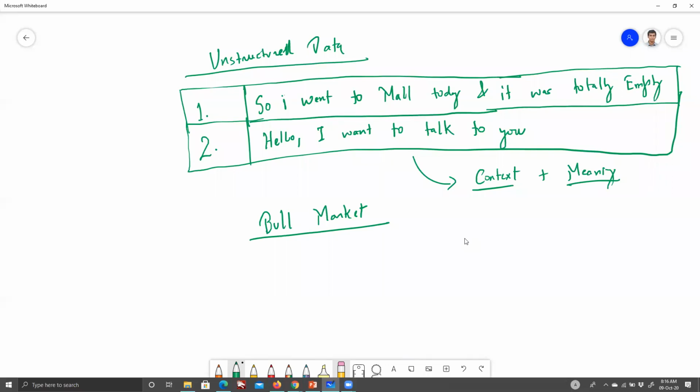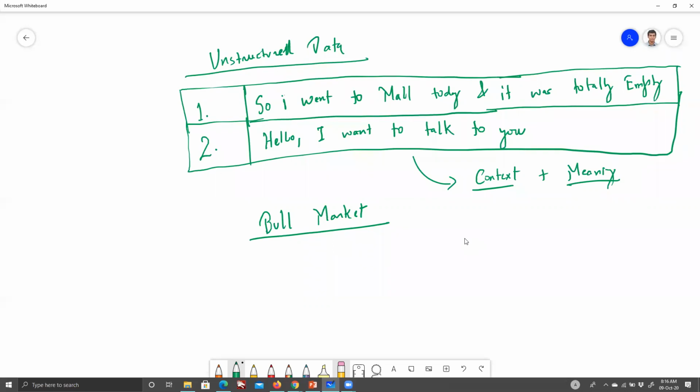Bull market is related to the stock exchange. Because of the bull symbol outside the stock exchange of New York, that connects us to it. Yes, very good, that's the best answer. We have been conditioned to associate the word with stock market.